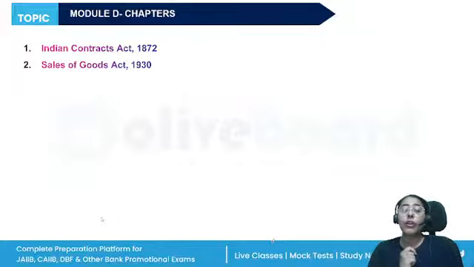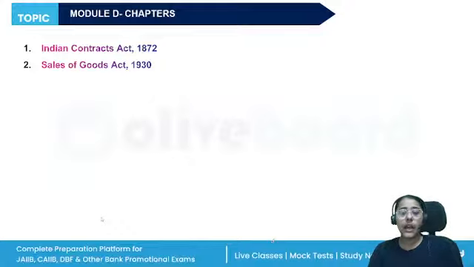Under this, most important is what are the rights of the unpaid seller, within how many days the payment is to be made, otherwise it will lead to a penalty and interest along with the payment. Relations, conditions and warranties.